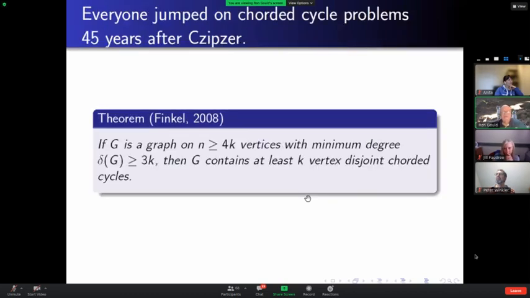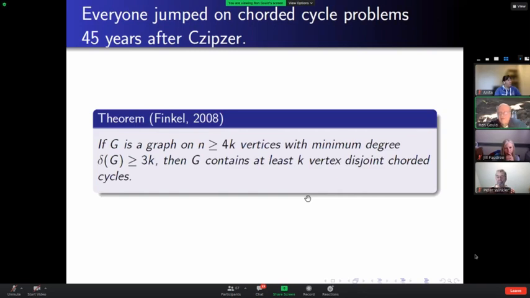All right, so everybody jumped on the chorded cycle research problem bandwagon 45 years after Zipser's observation. Finkel came up with the following: if G is a graph on at least 4k vertices with minimum degree at least 3k, then G is going to contain at least k vertex disjoint chorded cycles.